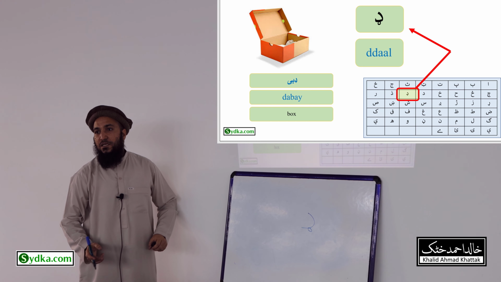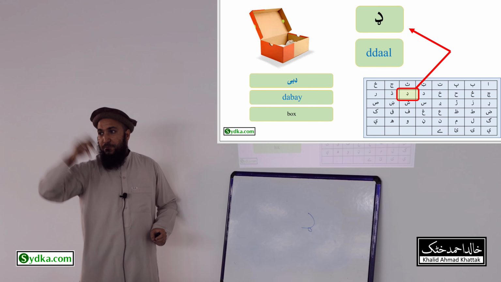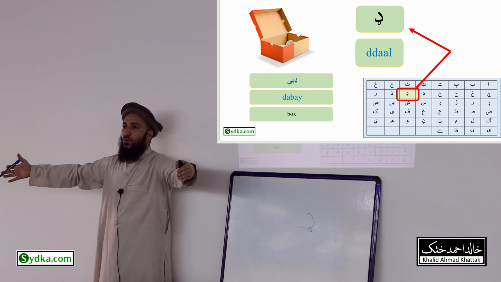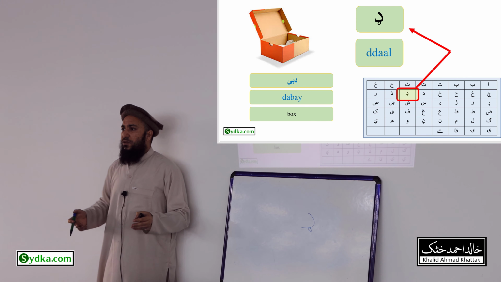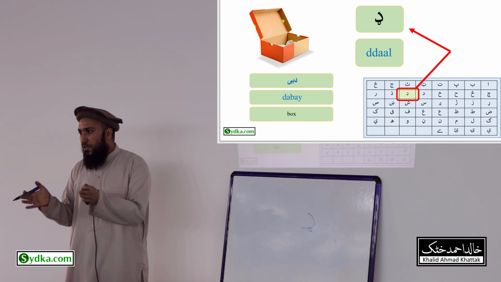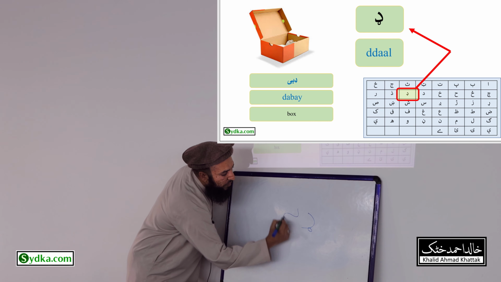And the local one is dabe. The local is dabe, and the standard is dabe. Baksa is the big one, the sanduk, that's called baksa. The big one. Sanduk is suitcase, yeah, but the big one, not this one. It's called the dabe, the tiny one, the shoe size box. Okay, so that's the dabe.